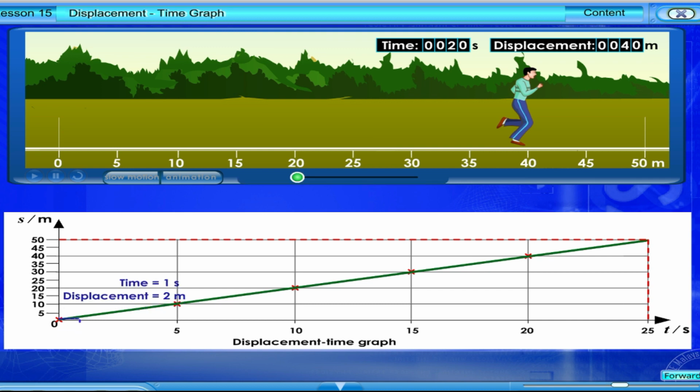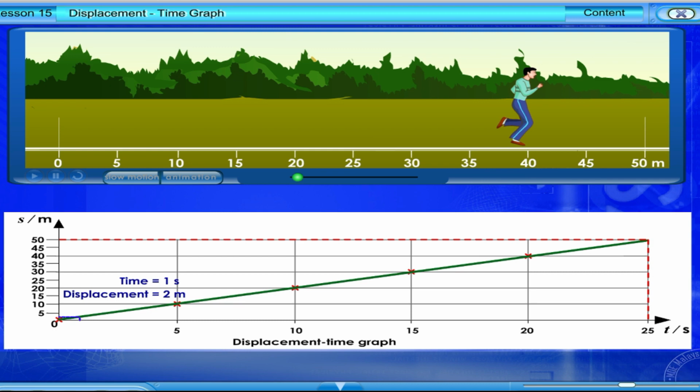Drag the slider to any position to find out the time according to the man's position. Click on the Fast button to see the graph of the man when he jogs faster.